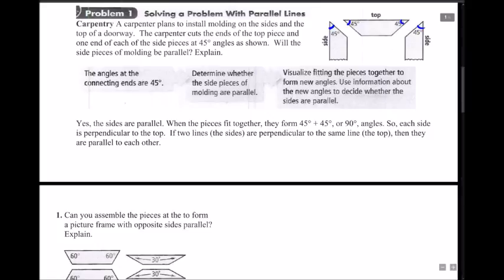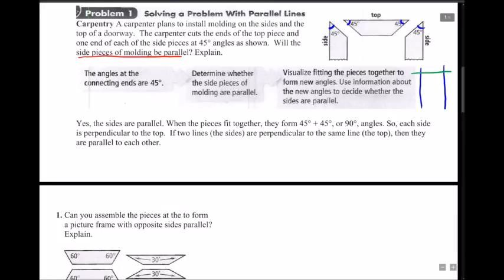We want to know, will the side pieces be parallel? So what are we looking at here? Let's draw a picture. We have two side pieces and a top piece. And why did I draw it that way?